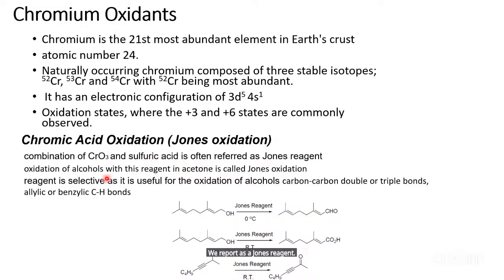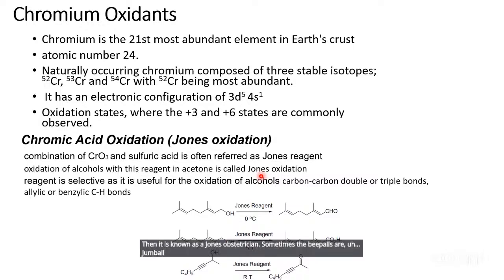And in addition, if you oxidize an alcohol in presence of an acetone reagent, then it is known as a Jones oxidation. Sometimes people jumble the Jones reagent and Jones oxidation.